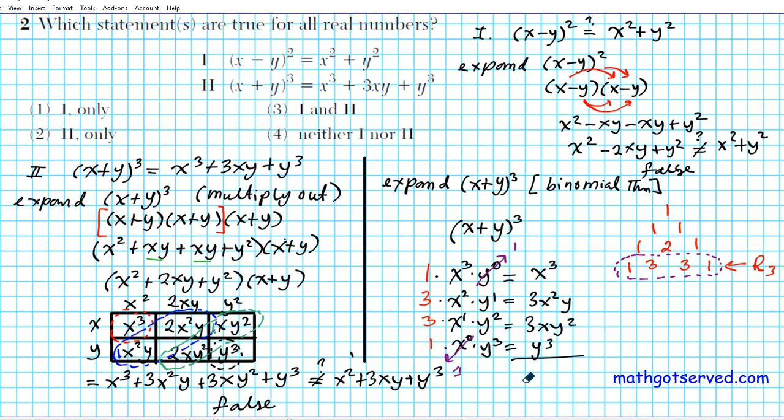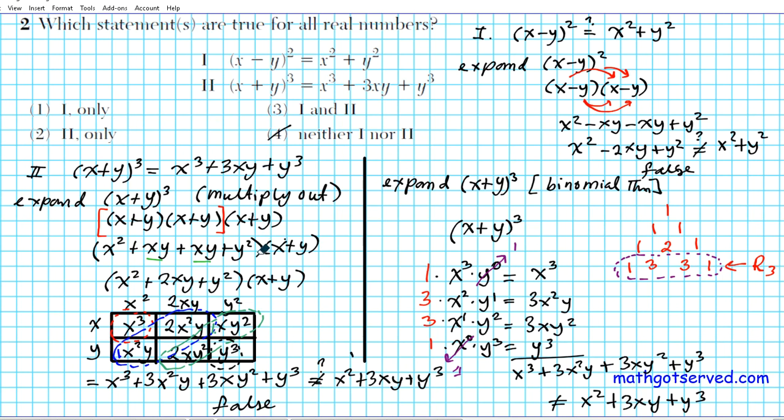If you add them all together, you get x to the third plus 3x squared y plus 3xy squared plus y to the third. And that's exactly what we got here. And we see that it is not equal to x squared plus 3xy plus y to the third.